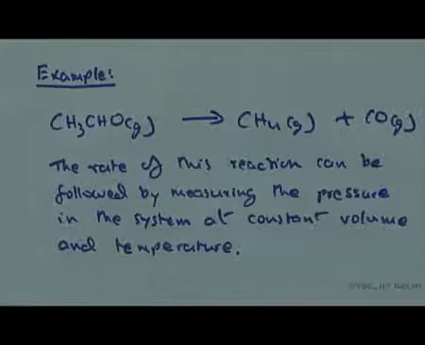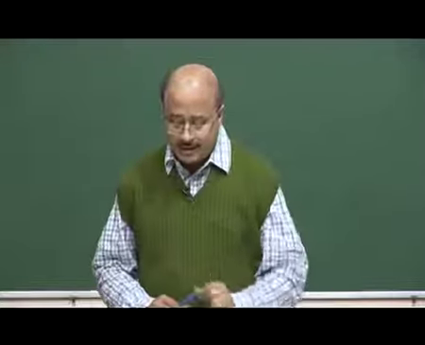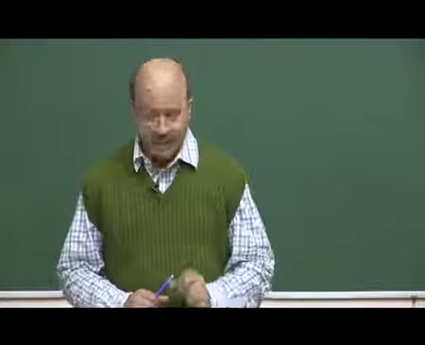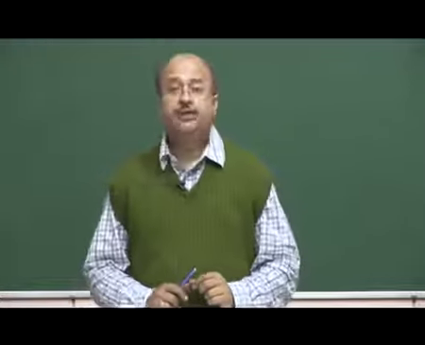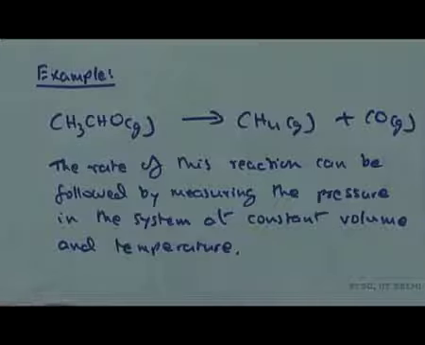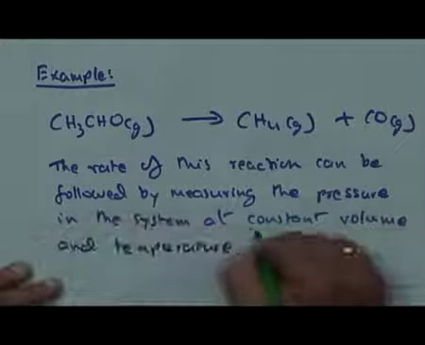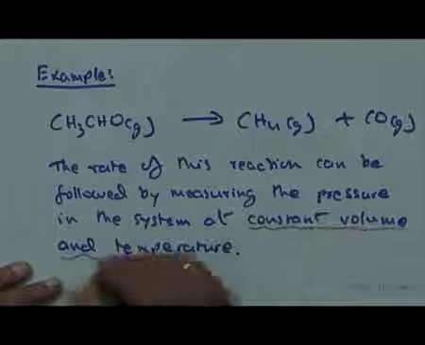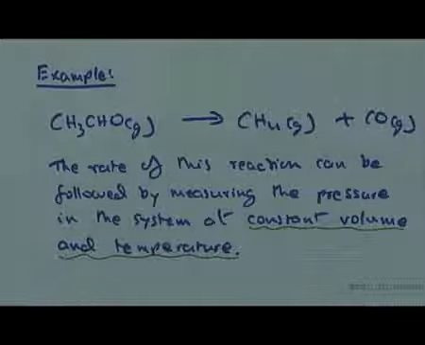Again, you are given this reaction, acetaldehyde going to methane and carbon monoxide, and it says that the rate of this reaction can be followed by measuring the pressure in the system at constant volume and temperature. So, that means the volume of the vessel and the temperature are being kept constant.